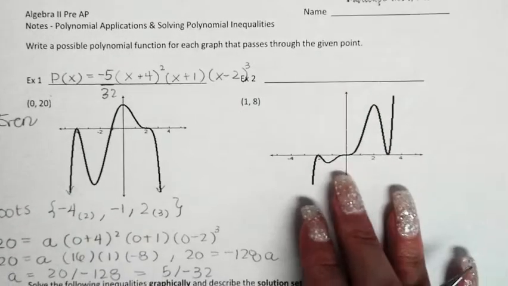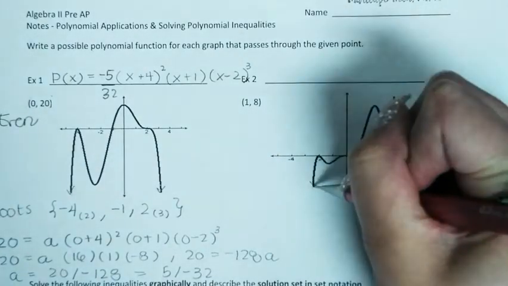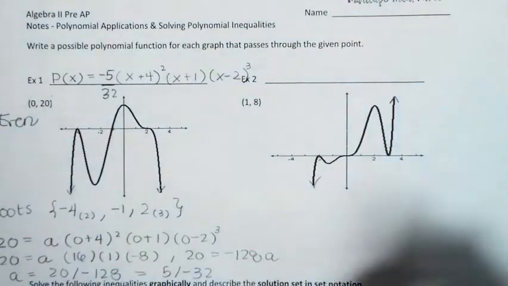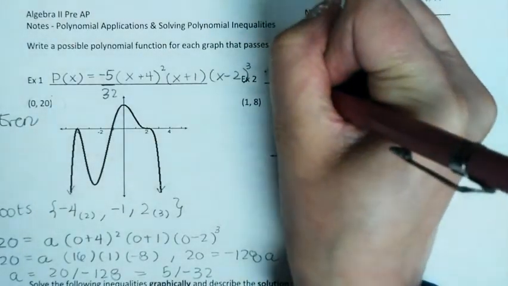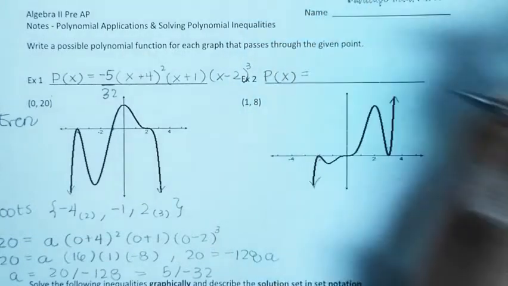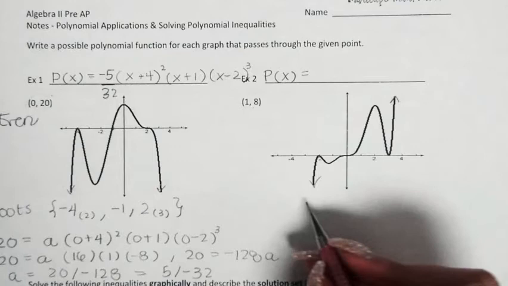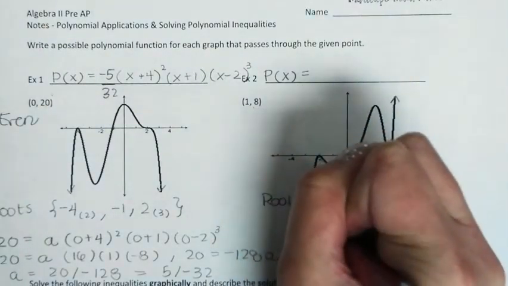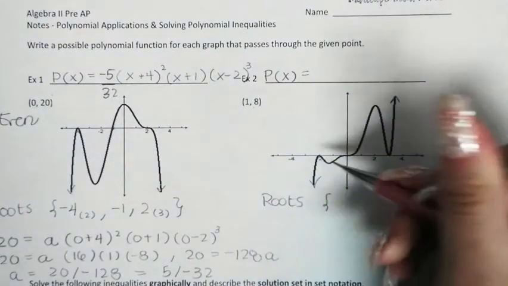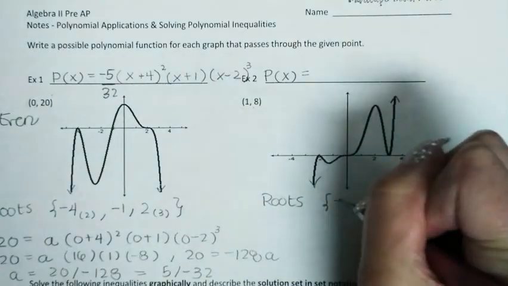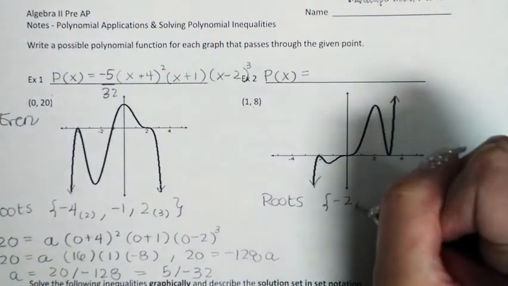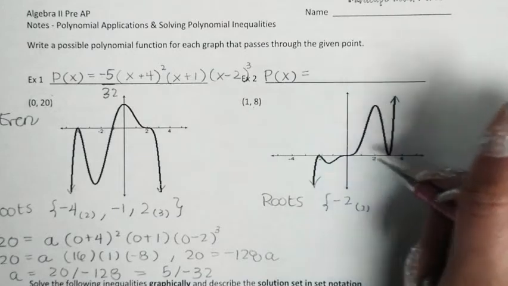Okay, so similarly here, let me put the arrows here and here. You are going to build up another polynomial p of x. I'm going to have the point (1, 8). So what do you have here? Your roots over here are going to be this one, which is -2. -2 has multiplicity 2 because it's bouncing.